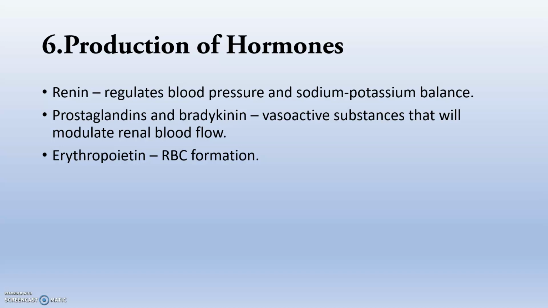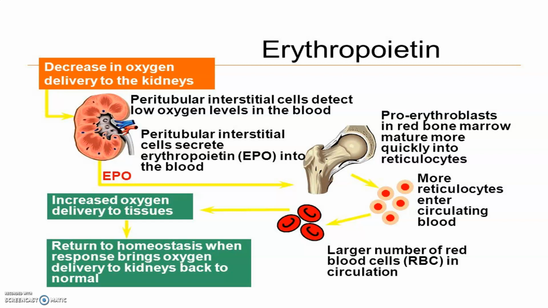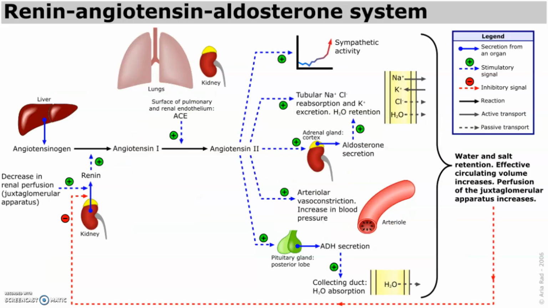Next is erythropoietin, a hormone which is very much needed for RBC formation. This erythropoietin will increase the number of RBCs, and erythropoiesis will be controlled by the erythropoietin hormone. Next is the renin, angiotensin, aldosterone system. You're all familiar with those things.